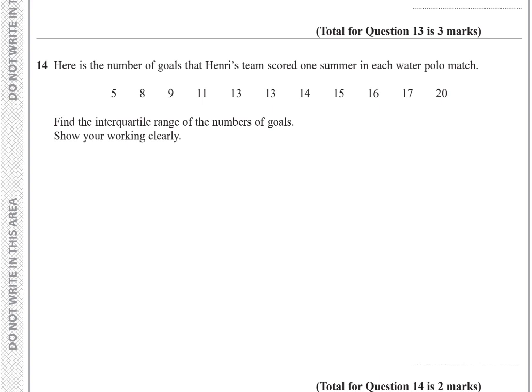First, how many values do we have? 1, 2, 3, 4, 5, 6, 7, 8, 9, 10, 11. We have 11 values. So to find the position of the lower quartile, 1 over 4 times n plus 1, 11 plus 1, equals 3, so the third value. So 9.